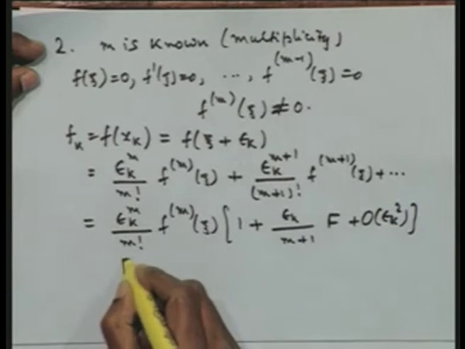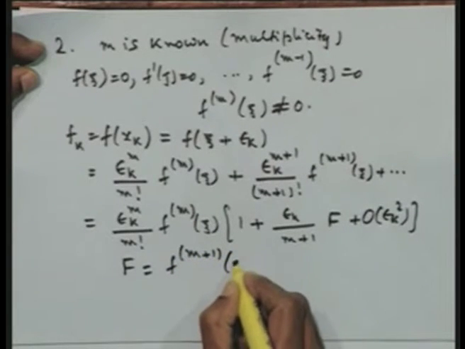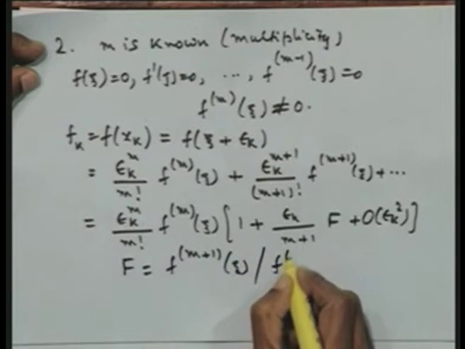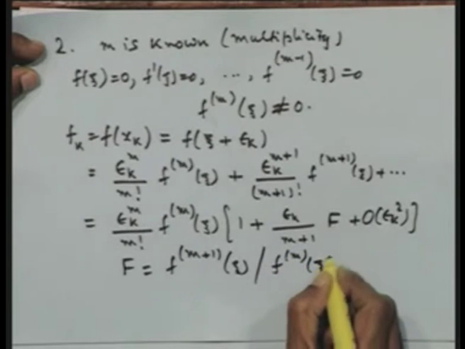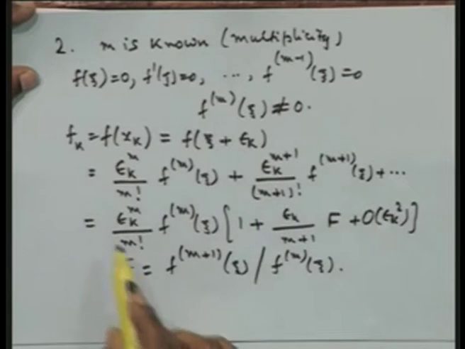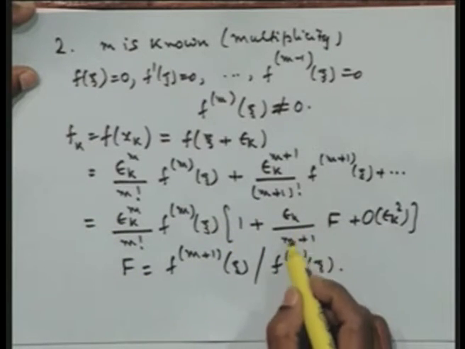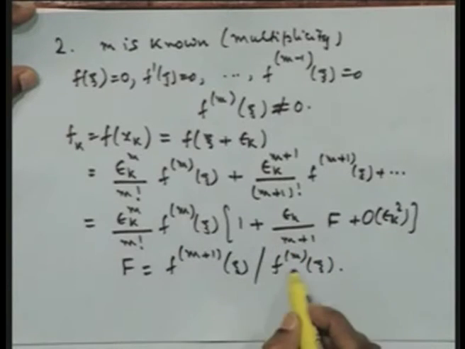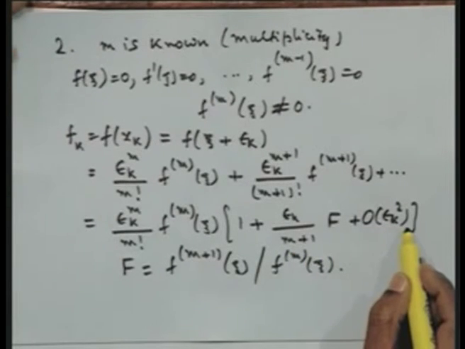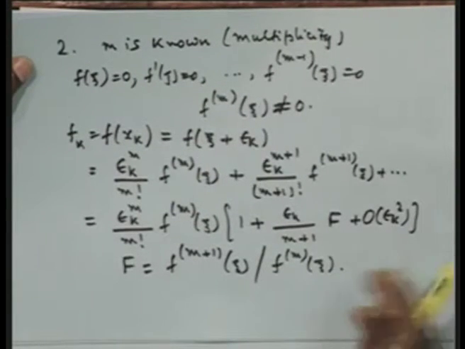Let us call the ratio f the ratio of the (m plus 1)th derivative of f at xi divided by the mth derivative at xi. So, I have taken the common factor and written the remaining part as 1 plus epsilon k by m plus 1 times f, and what we are leaving out are the second order and higher order terms.